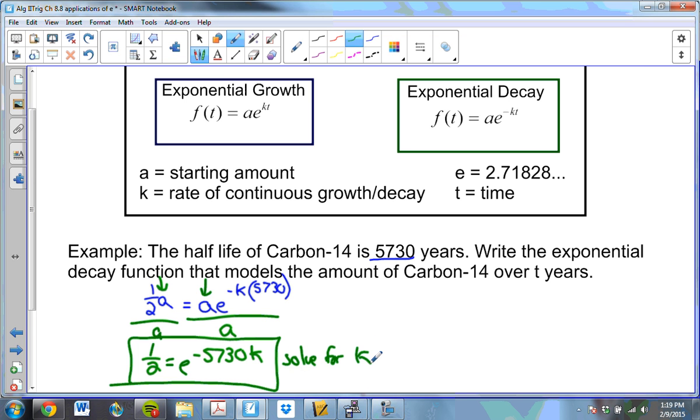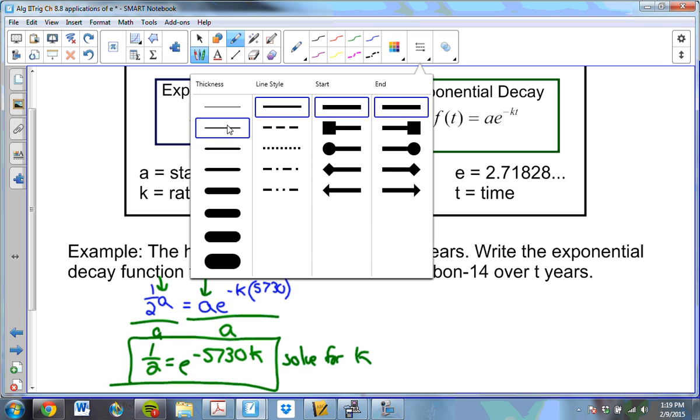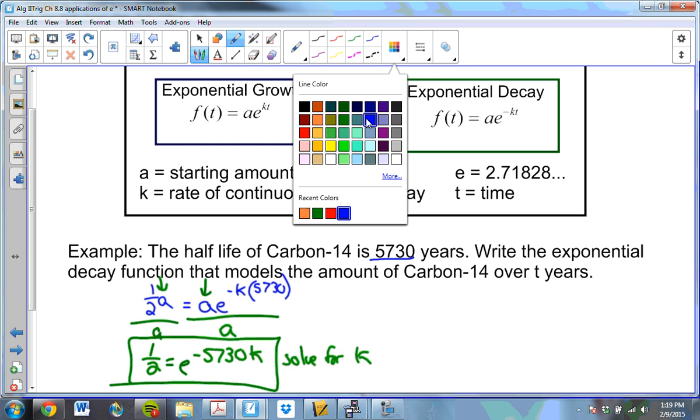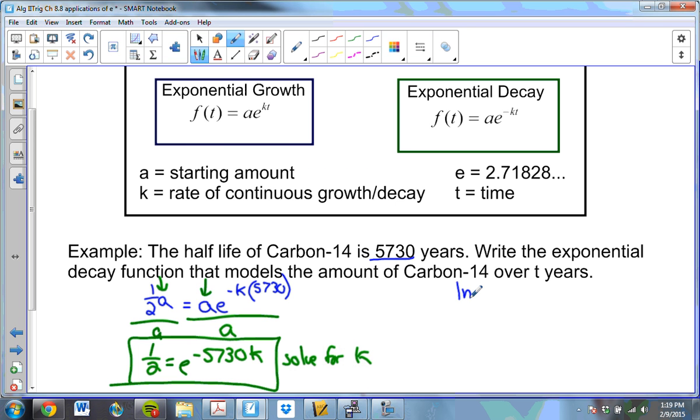So I'll take a natural log of both sides. I'll do the natural log of 1/2 equals the natural log of e to the negative 5,730k, which means that the natural log of 1/2, well, the ln and the e kind of cancel each other, and this negative 5730 can come out in front, so it equals negative 5,730k.